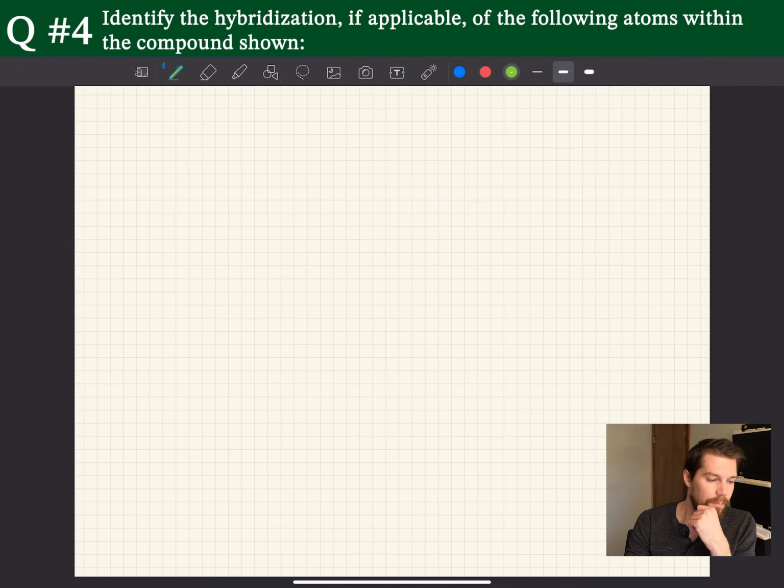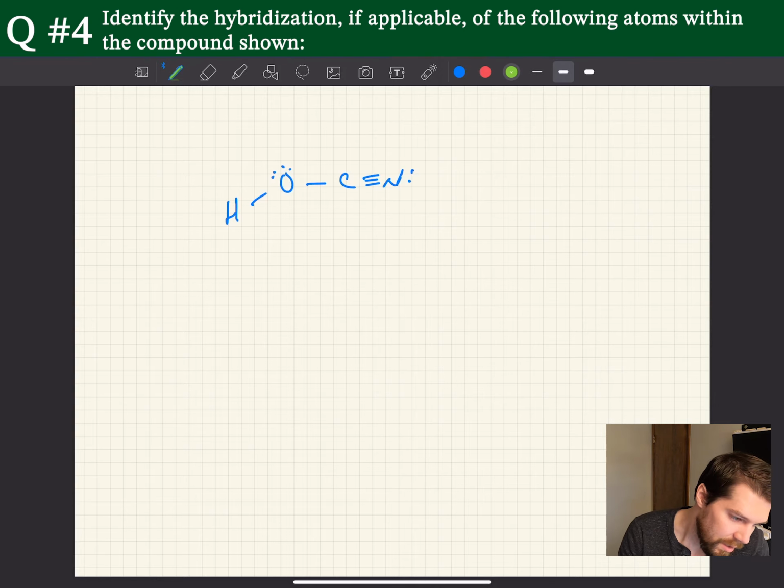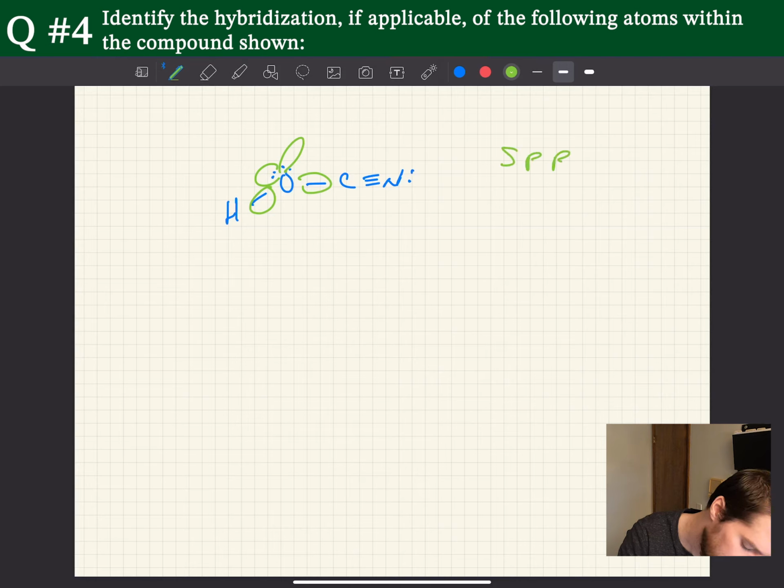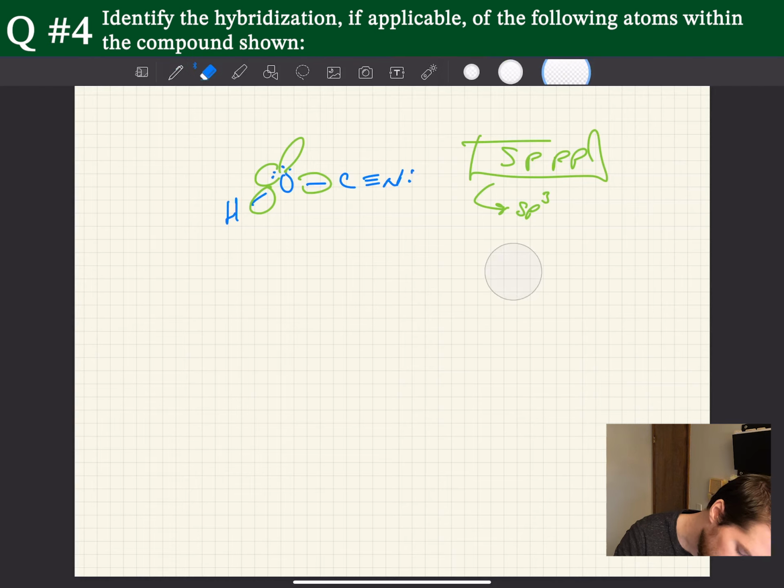All right, question number 4. Identify the hybridization, if applicable, of the following atoms within the compound shown. Let me just draw this real quick. When I'm looking at hybridization, I'm looking at the regions of electron density. For our oxygen, I have 1, 2, 3, 4 regions of electron density. S, p, p, p combines to give me sp3 hybrid orbitals.